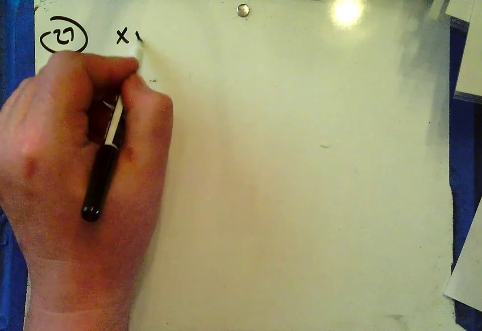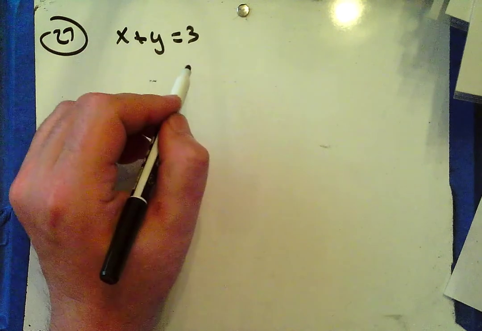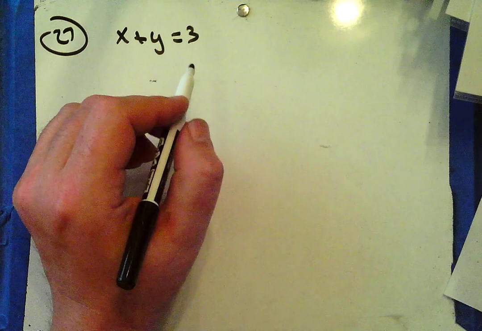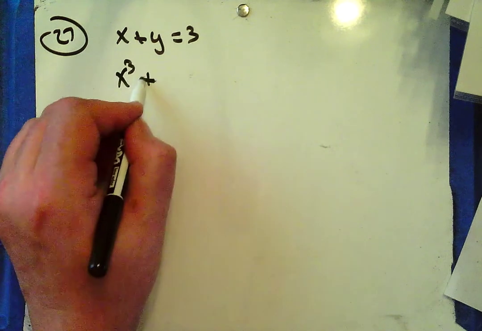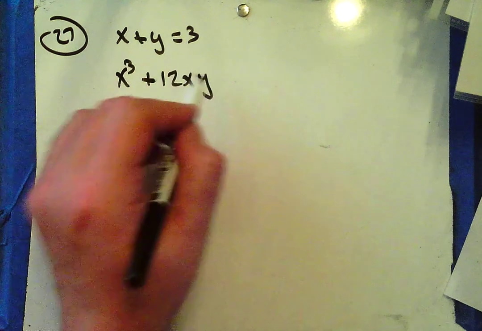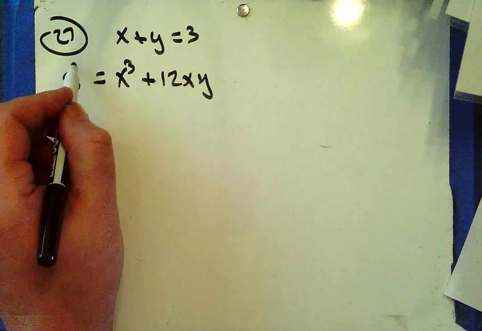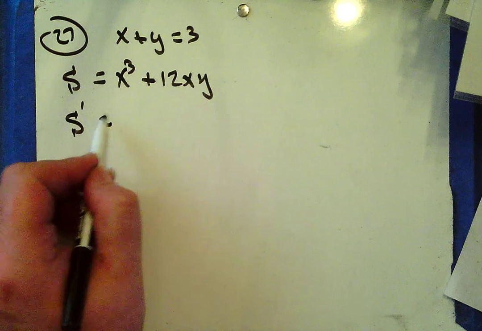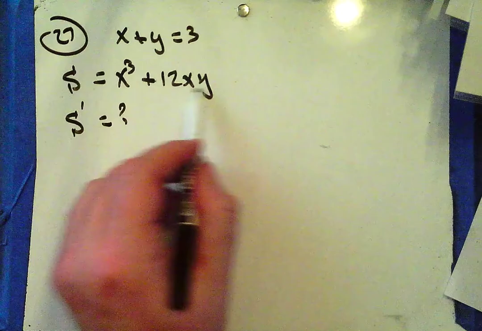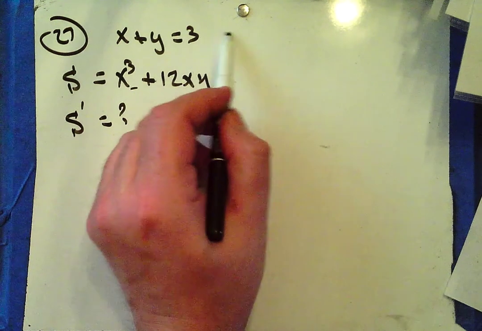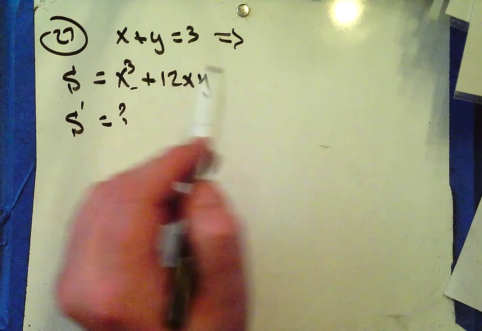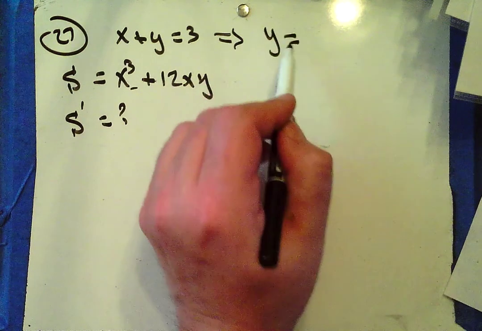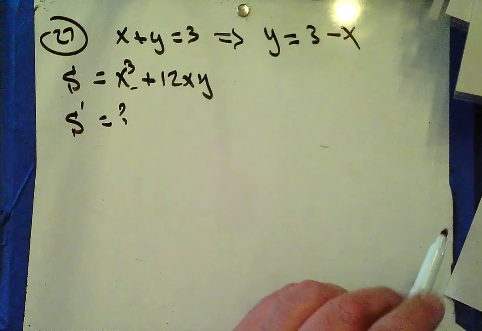27, the sum of two positive numbers, x and y, is 3. The absolute maximum of x to the third plus 12xy. This is a sum function, and I want sum prime. But I really want to get my sum function in terms of one variable, so I'm going to use this helping equation and say that y equals 3 minus x.